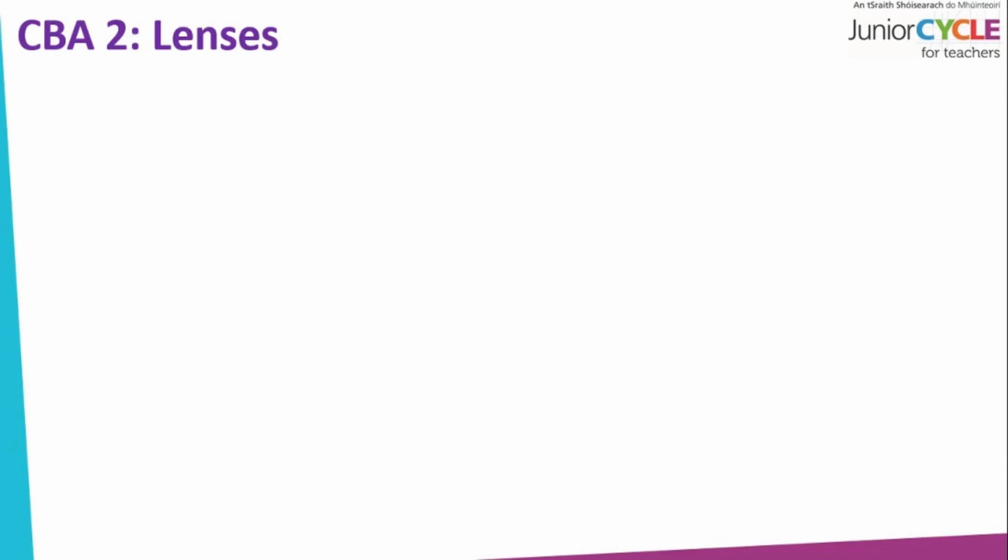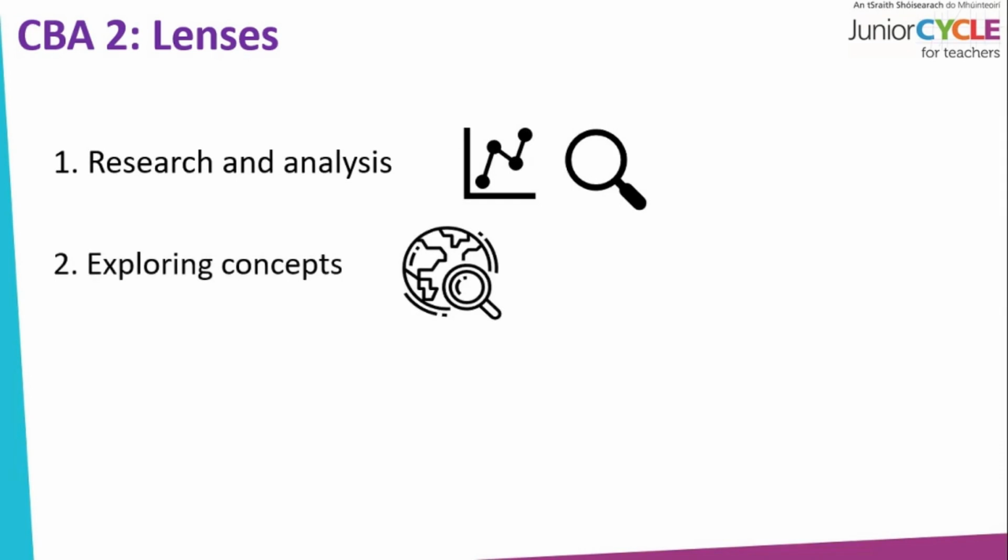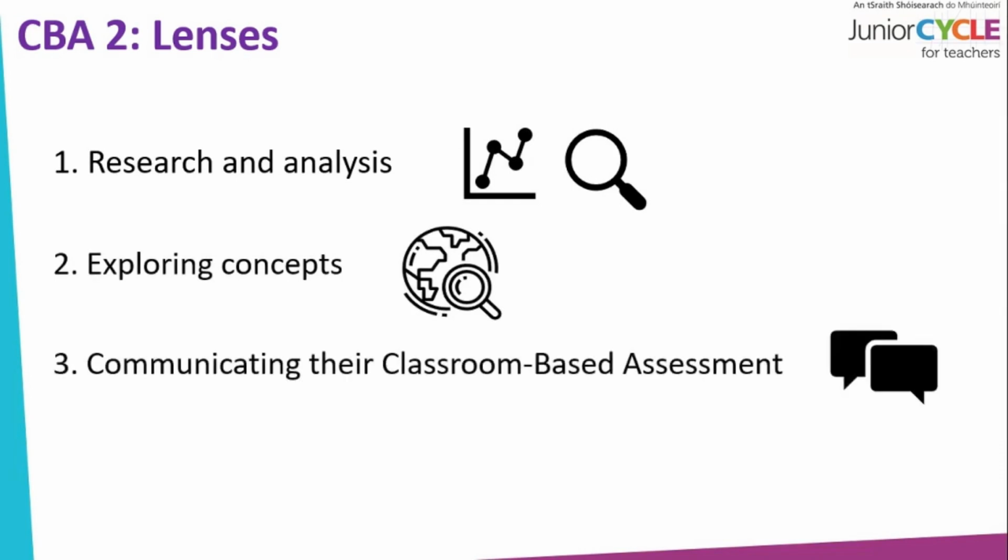The students will further develop and demonstrate skills in CBA 2 through the lenses of research and analysis. Research and analysis will be used to explore concepts, and the students will demonstrate their skills like communication of their CBA through an appropriate media. We will consider each of these 3 lenses in more depth prior to considering how a teacher may support a student engaging in CBA 2.